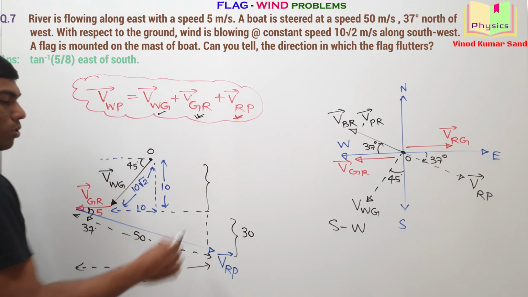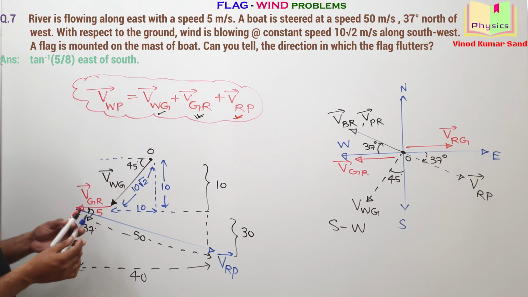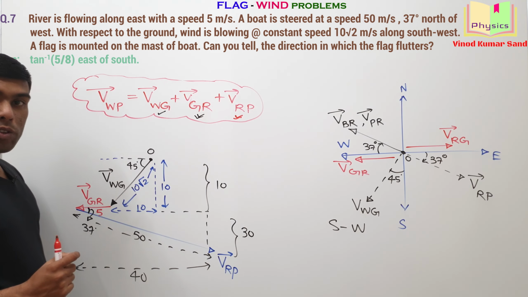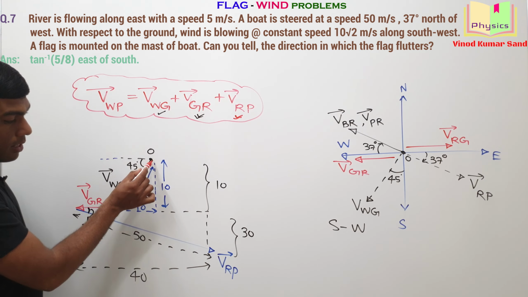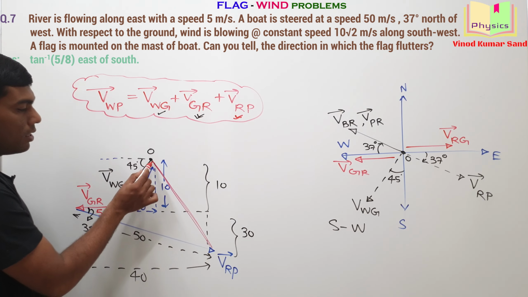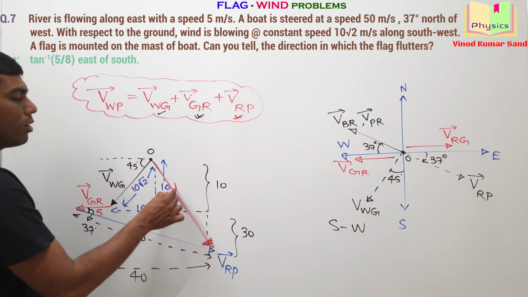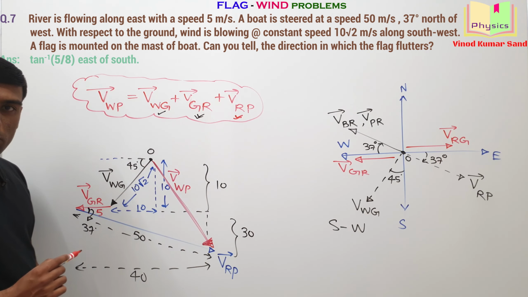We already know this length. This comes out to be 10, and the resultant of these three vectors is equal to velocity of wind with respect to pole. First vector, second vector, third vector, their resultant will be marked like this. I hope you get it. This red is giving us the velocity of the wind with respect to the pole of the flag.